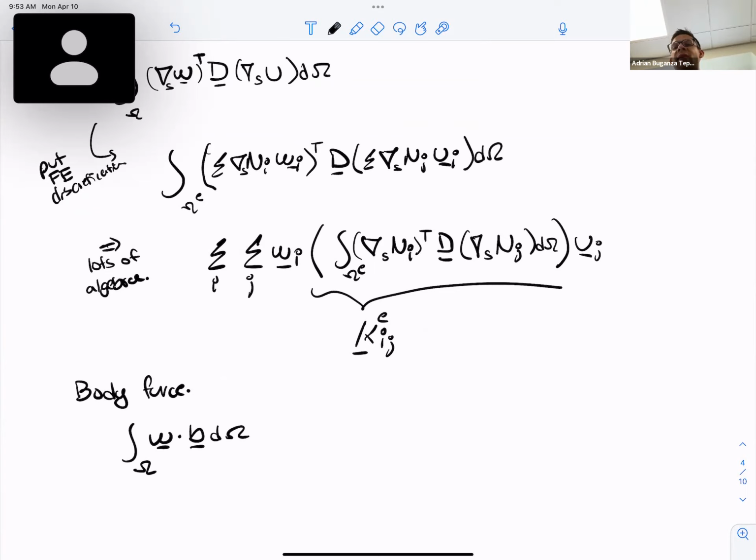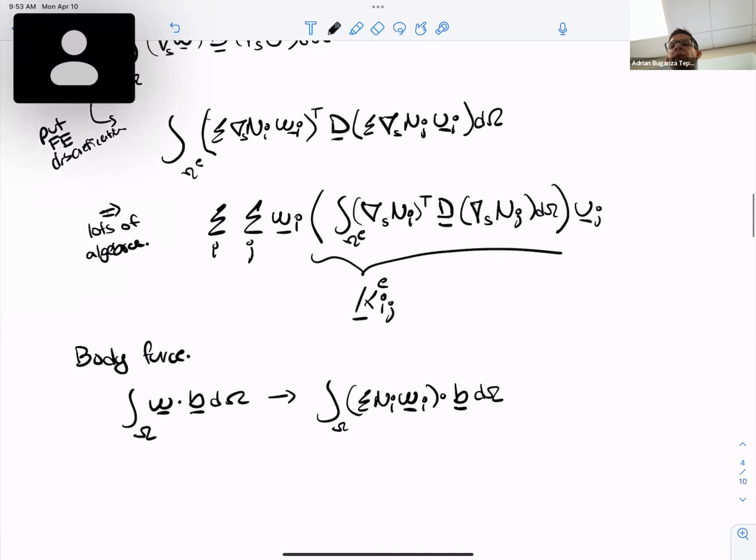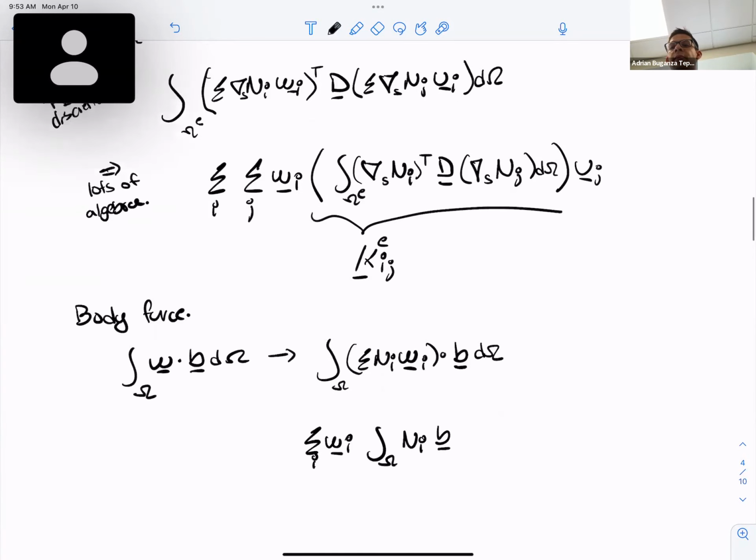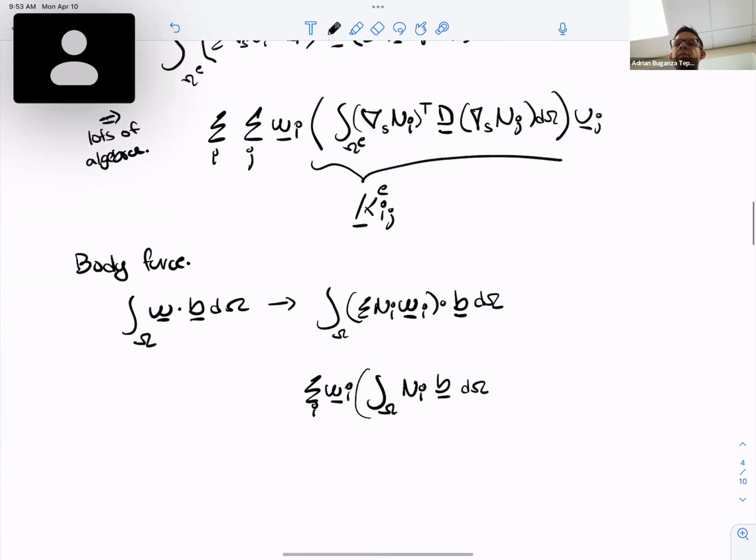So when you put in the finite element discretization, you're going to end up with the sum of Ni Wi dotted with B. And again, taking the sum out and the nodal values out, we're going to end up with the integral of Ni B. And this will define our force vector.